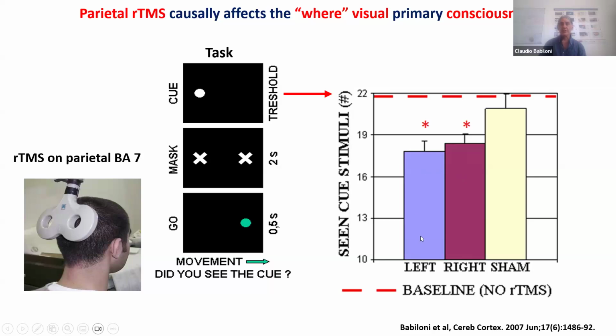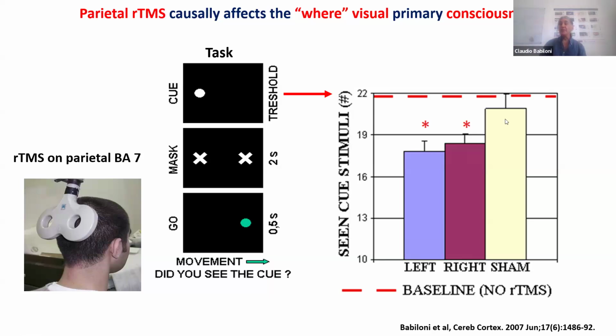You see that we had three conditions: effective magnetic stimulation on the left parietal cortex in blue. In violet, the effective magnetic stimulation in the right parietal cortex.